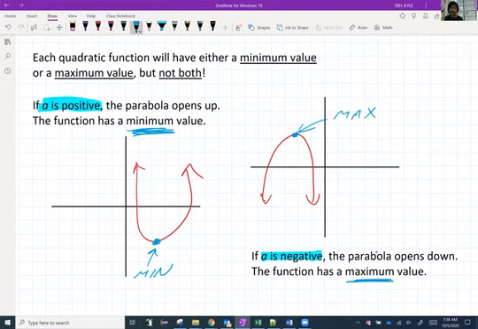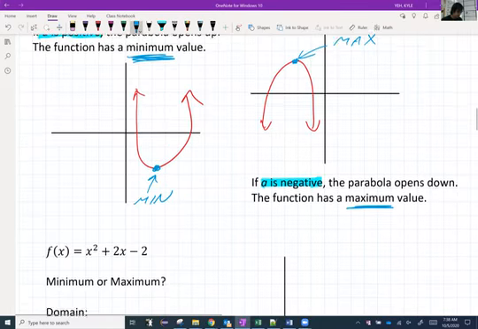Because here we definitely have a highest point on the graph, but we go down forever. So a lot of the time, the important part of the graph is going to be this min or max value, which happens to be the vertex. You can wrap your mind around that pretty quickly and say, yeah, that's true. The vertex will be the min or max value of my parabola at all times.